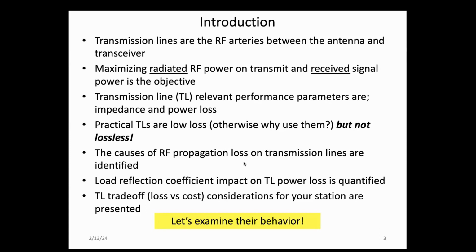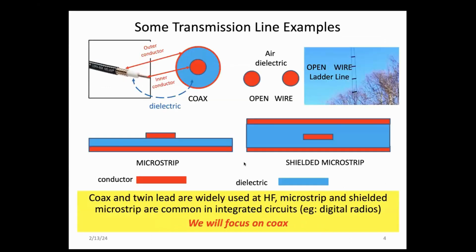We're going to identify the causes of propagation loss on transmission lines, and then take a look at the impact of load reflection coefficient as it affects the power loss. And then finally, a brief statement about the cost of transmission lines and something for you to consider for your station.